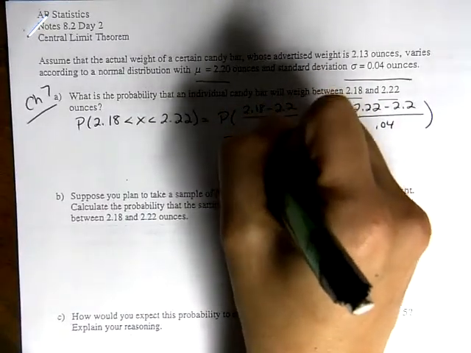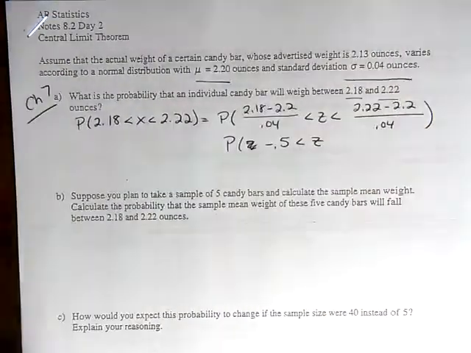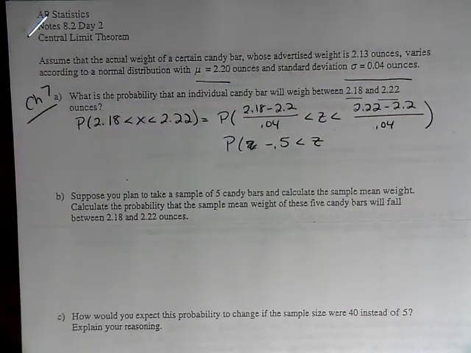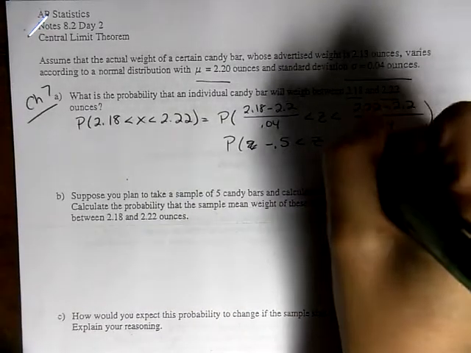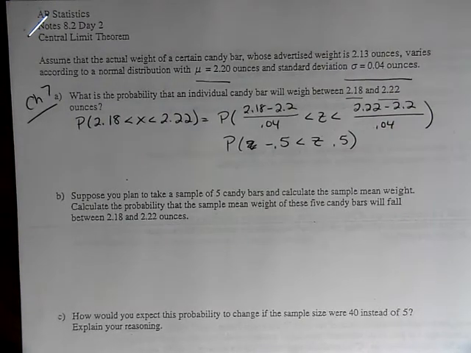We're finding the probability between negative 0.5 and positive 0.5. I'm going to use the formula sheet for this one, and then I'll use some of the calculator stuff later.